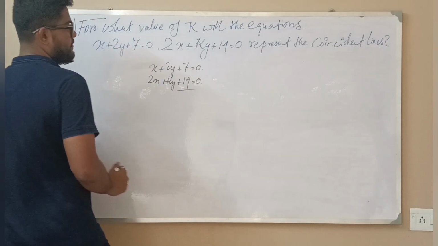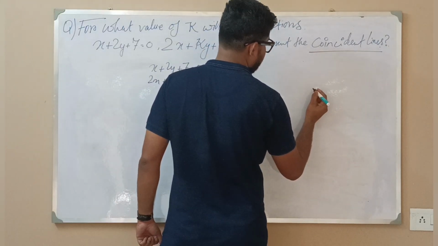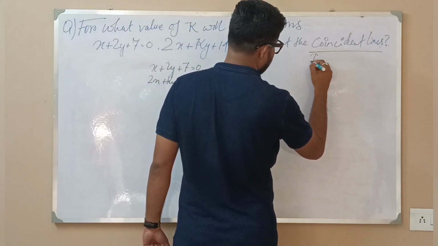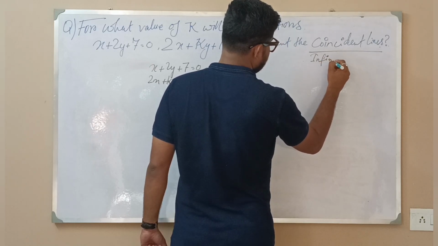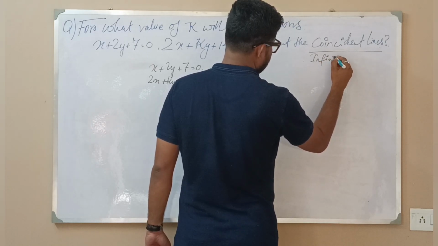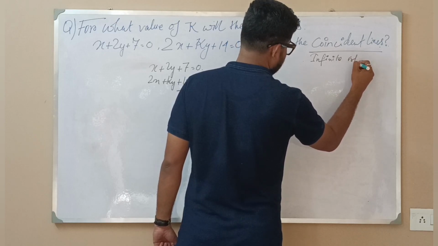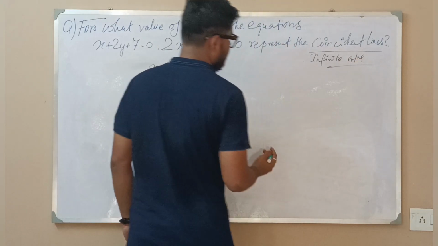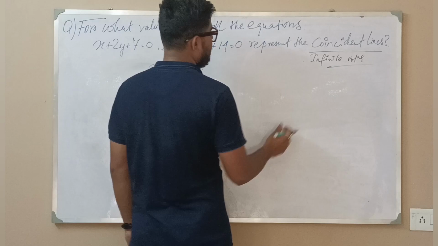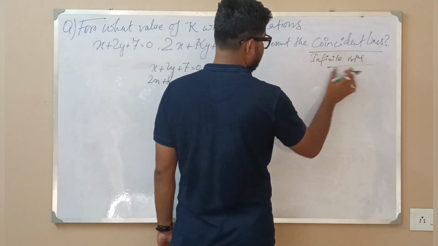Now this question can also come in a different manner, like how infinite number of solutions. Okay, the question can come in both ways, that is coincident lines or infinite solutions.